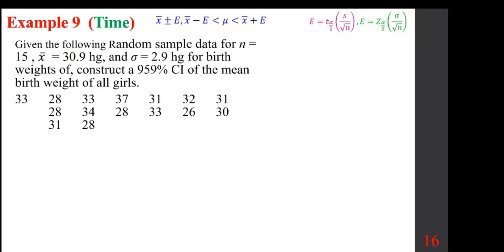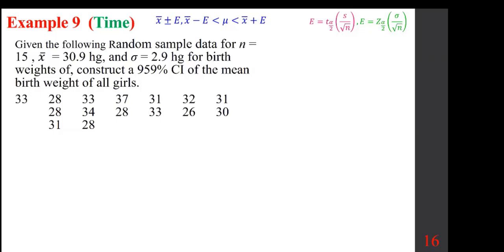For this section, if you want to use it, remember n has to be large, or the population has to be normally distributed. It doesn't say it's normally distributed. n is not large, it's only 15. So how do we deal with that? I just wanted to mention that, so at the very least, you've seen that.